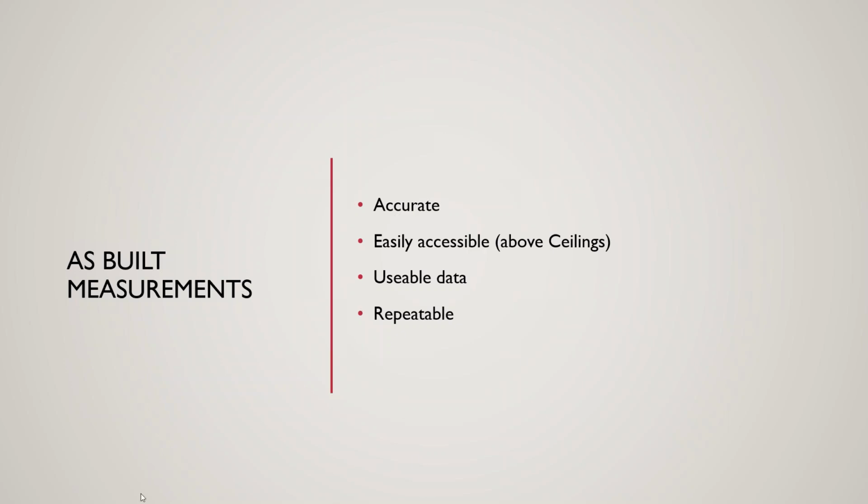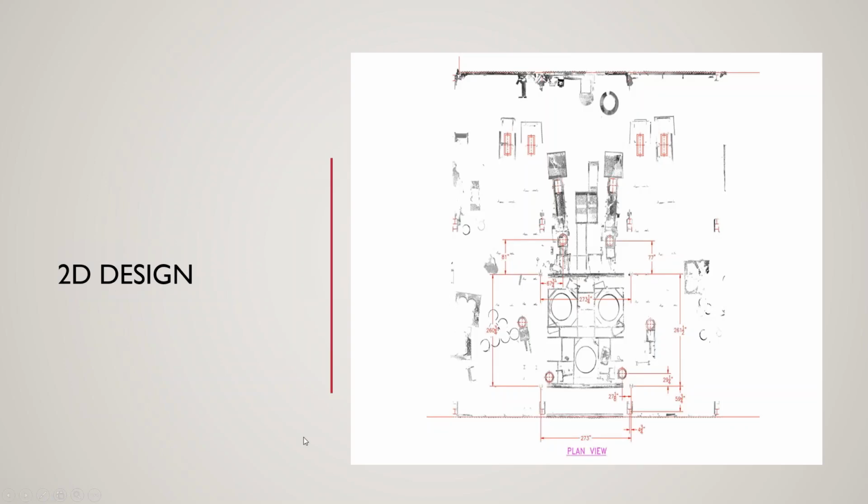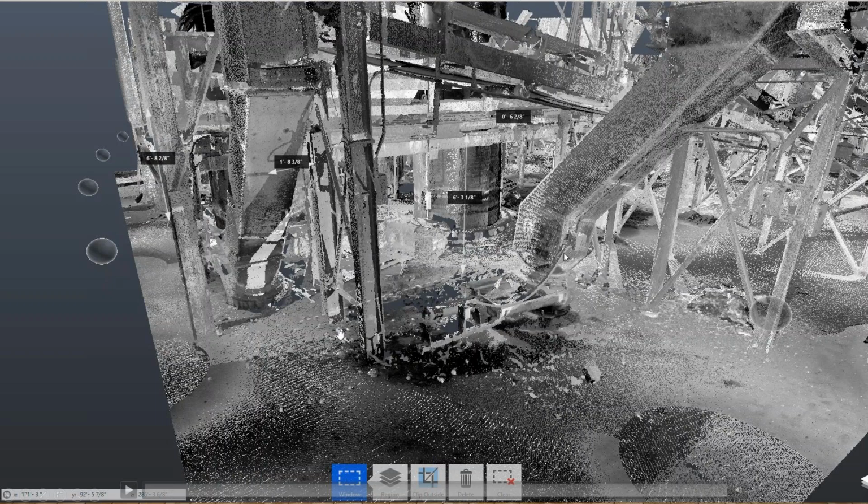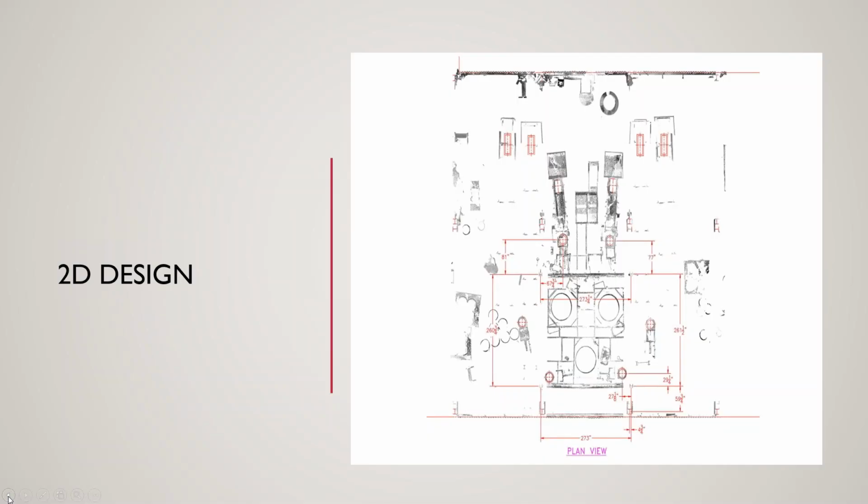All right. Now, what I'm showing here is a 2D plan view. The way this 2D plan view was developed was, I'm going to show you the point cloud, and I'm just going to rotate this particular point cloud around.